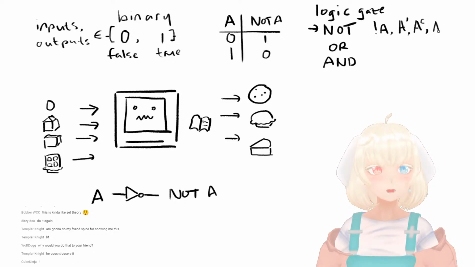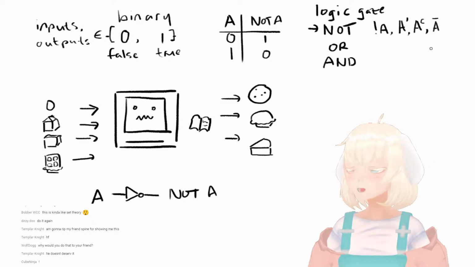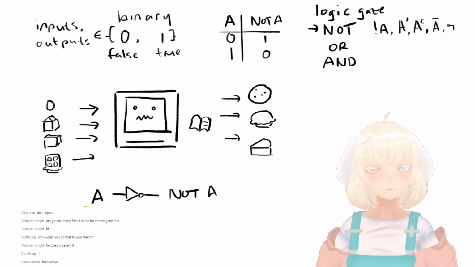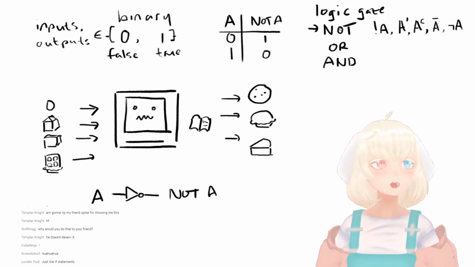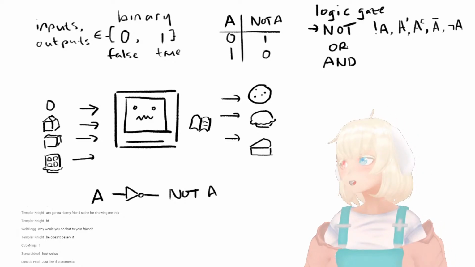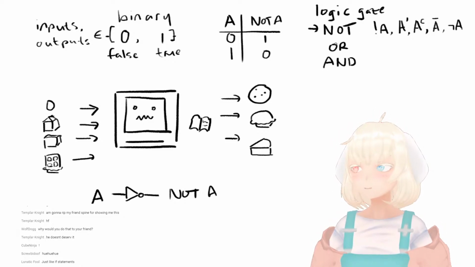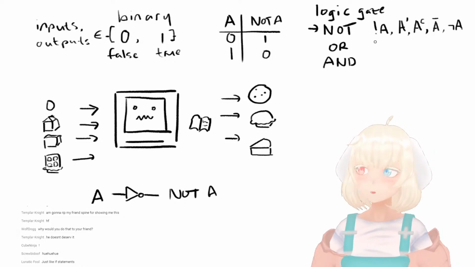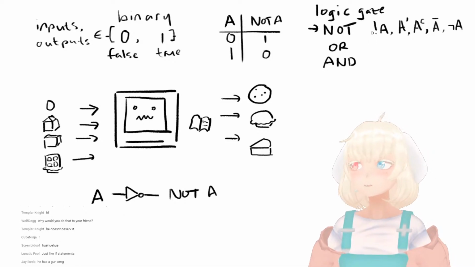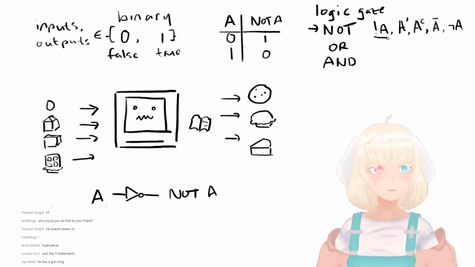Other ways that you can write it are A with a little hat and also A with a little gun. And this just means a negation symbol for both of these. So all of these mean the same thing. You could also just write it out as not. But yeah, just like if statements, in coding this will be what you use in if statements. You don't need to know what they are yet. That'll be next lesson. But just keep in mind that this will become very familiar to you.